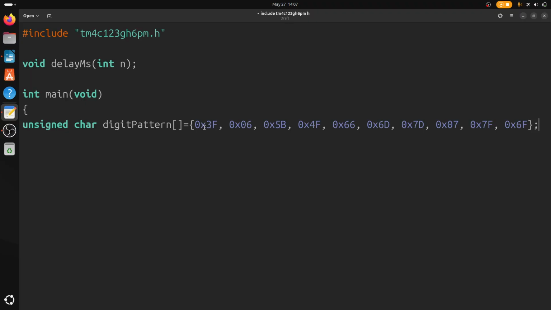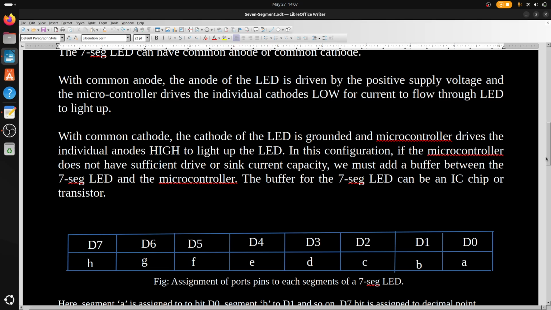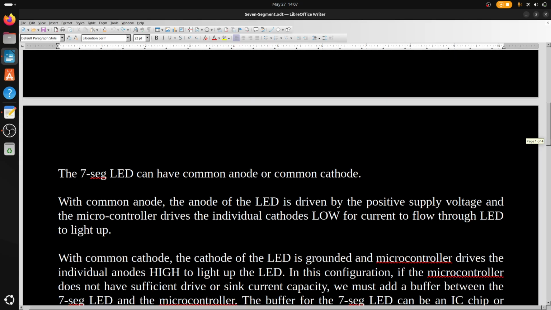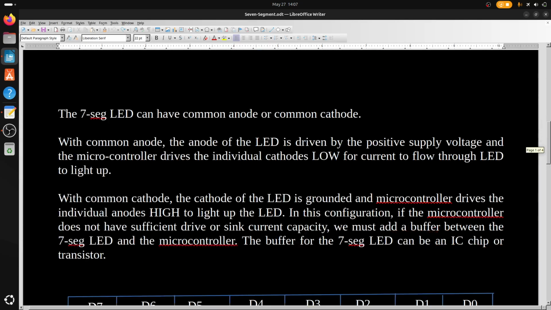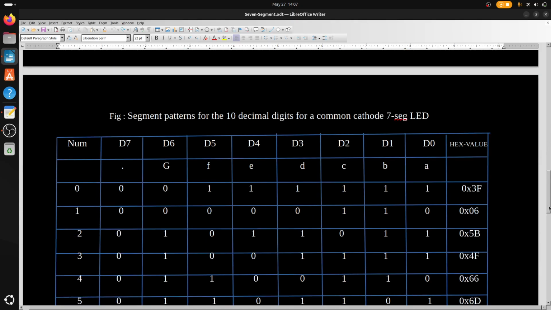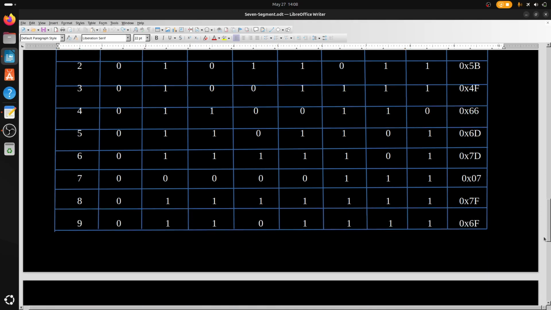What are these values? These are the values, again, from here to here.